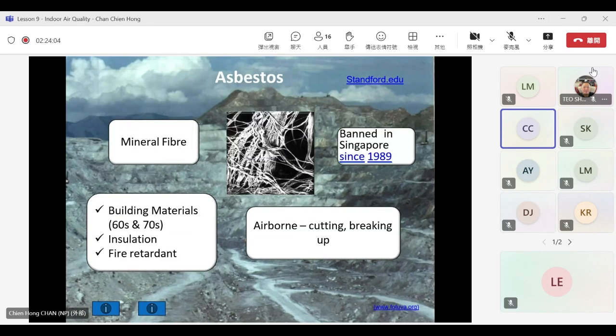Research has found that the health effect of the fibers is so concerning that the industry had to ban the use of asbestos. We did that in Singapore since 1980.